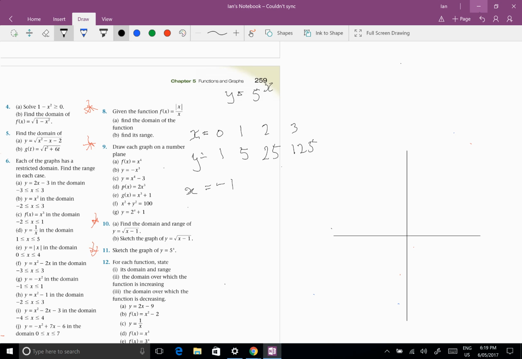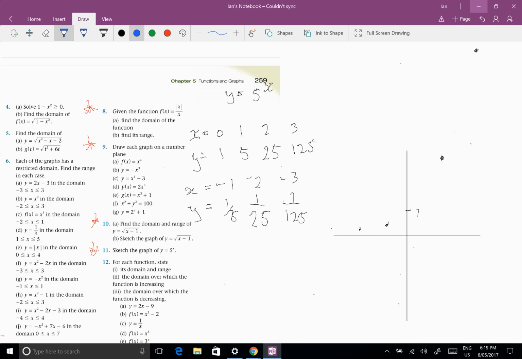Let's do some negatives. X equals -1. Well, that's 1 over 5. 5 to the -2, it's 1 over 25. And 5 to the -3, it's 1 over 125. Okay, let's plot these. So we've got 0 and 1, 1 and 5, 2 and 25, -1 and a fifth.